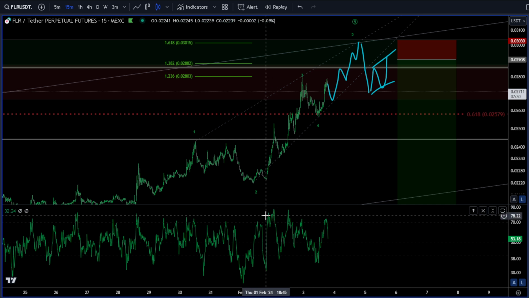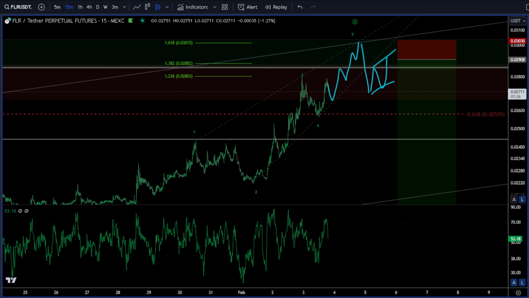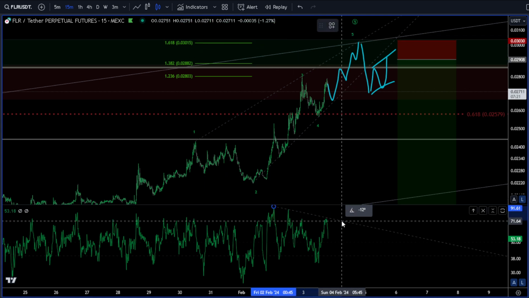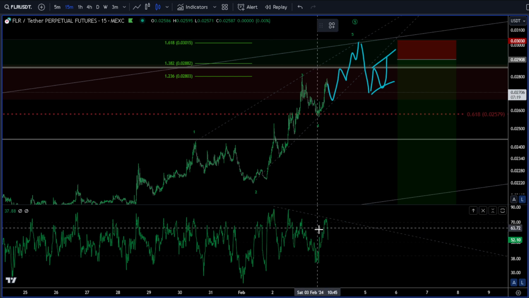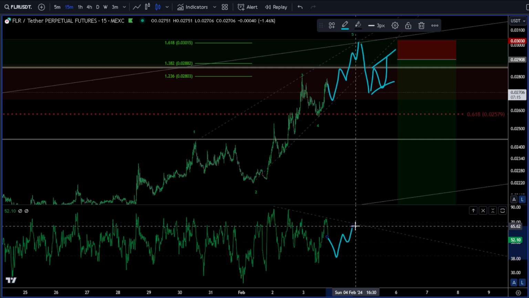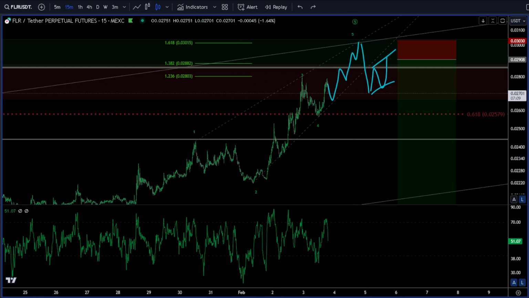You can see, well, not quite, but we are getting divergence, which is nice here. We want to see the most divergence on this 5th wave peak. We want to see it fall, come back up, make higher highs, but our RSI stay lower and reset itself. All right, so everything's looking good.